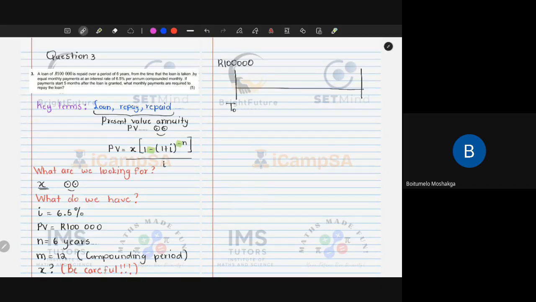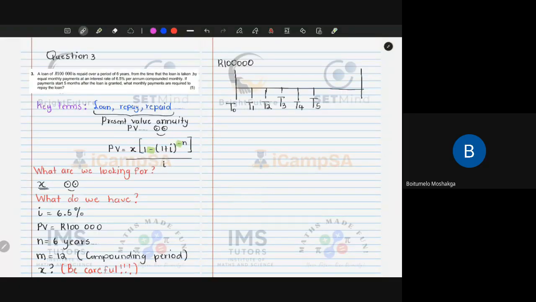Understood. But we are going to have a month later, which is going to be T1. And then month number 2, month number 3, T3, and then T4.